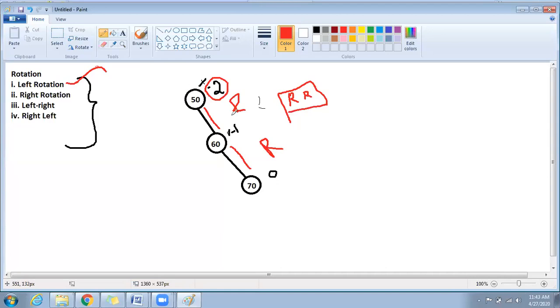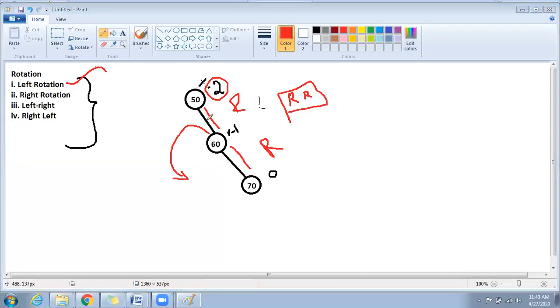Guys, understood till now? Okay. So you have to take all these 3 nodes and do the left rotation. The middle node you keep as such. The top node you are just rotating left. What will happen? 50 will come.